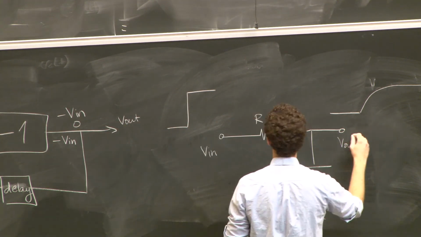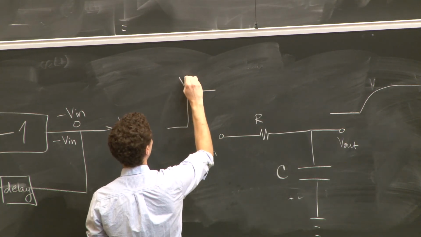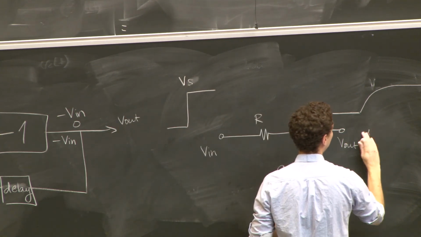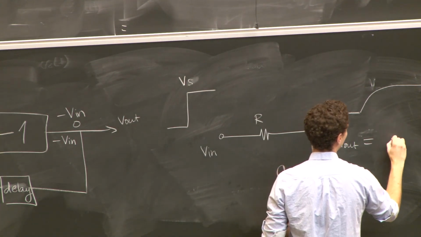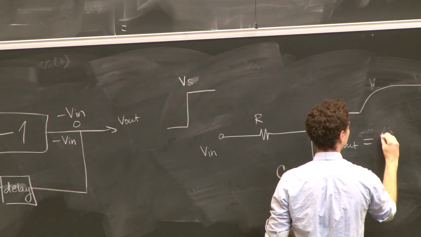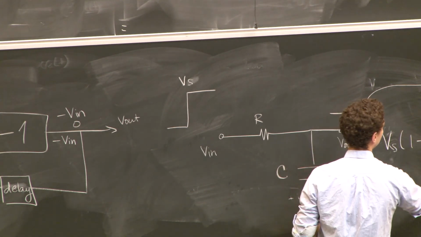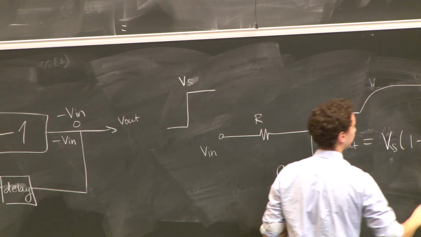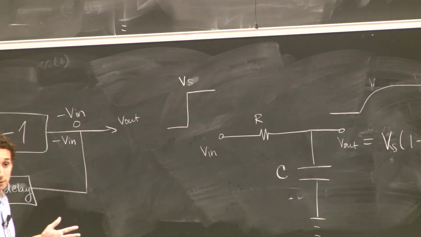And it turns out that if this goes from 0 to some value, let's say Vs, then V out is equal to Vs (1 minus e to the minus t over RC). So we have some delay.